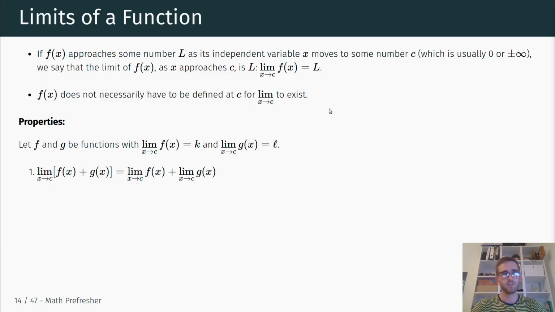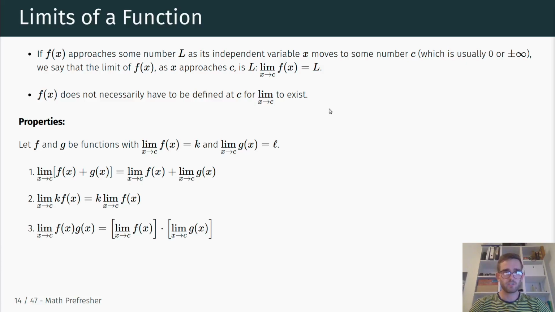First, if we look at the limit of x approaching c of the sum of those two functions, f of x plus g of x, then that limit of the sum of the two functions that have a defined limit itself is equal to the sum of the limits. Second, if we just focus on f of x and multiply this f of x by some constant k, then the limit of that k times f of x is equal to k times the limit of f of x.